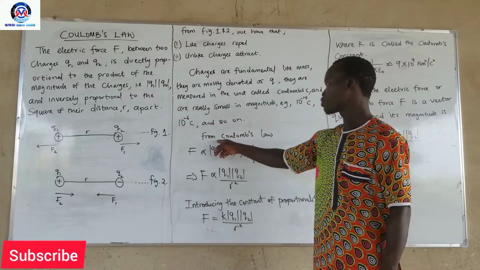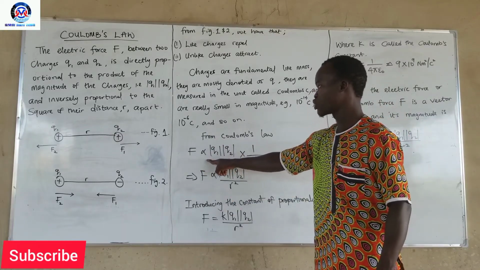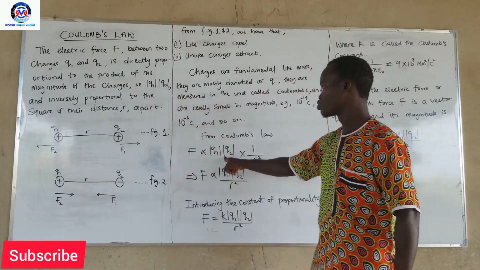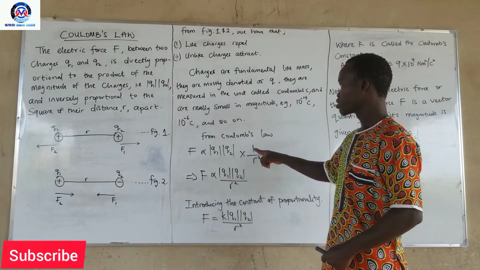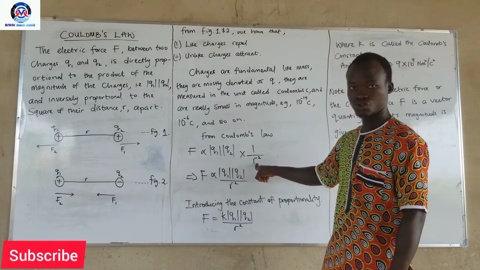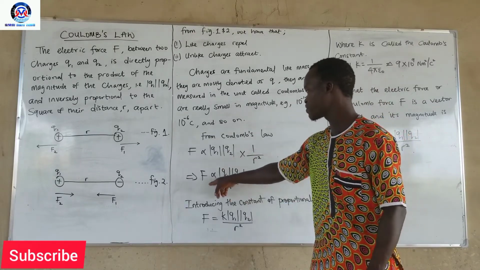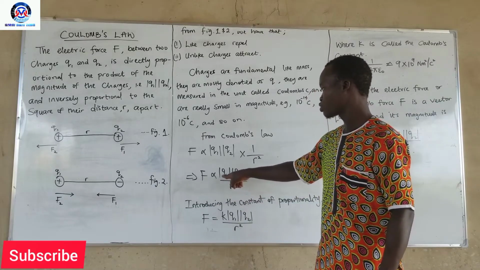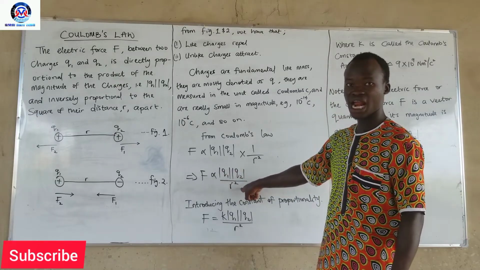So from Coulomb's Law, we have that F is directly proportional to the product of the magnitude of Q1 and Q2, and it is inversely proportional to the square of their distance apart, that is 1 over r squared. So F is proportional to the product of the magnitude of Q1 and the magnitude of Q2 over r squared.